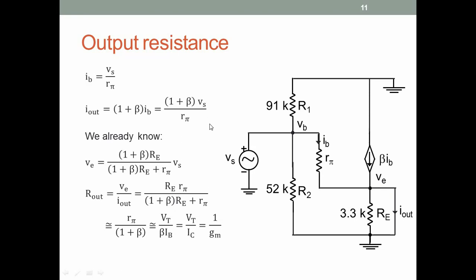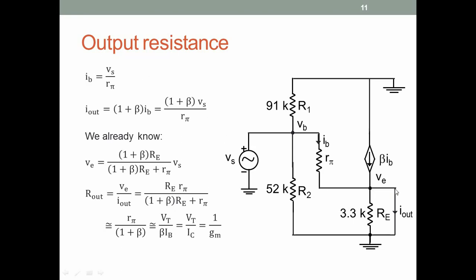Okay, so let us see. So how much is I out in this circuit? This is of course a different circuit, so I have to solve it again. So we first of all notice that IB in this circuit. So now this node is at ground. So IB is simply VB by R pi. VB or VS, same thing. So IB is VS by R pi.